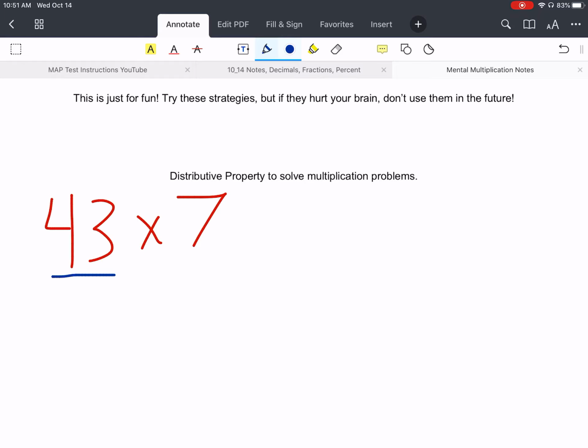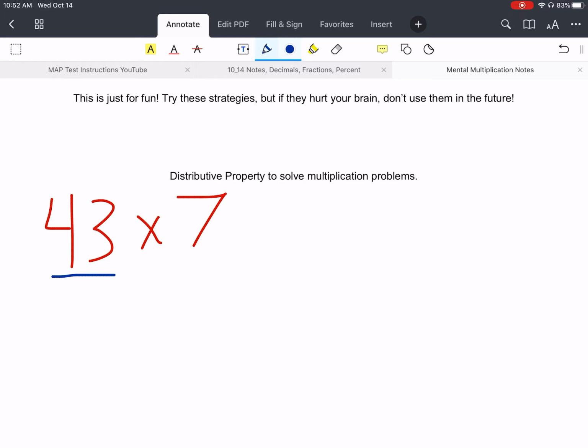So we could theoretically do 7 plus 7 plus 7 plus 7, 43 times, because that would count for 43 sevens. But we can group those 43 sevens however we want. And we want to group them into sections that are easy to mentally multiply and easy to keep track of.